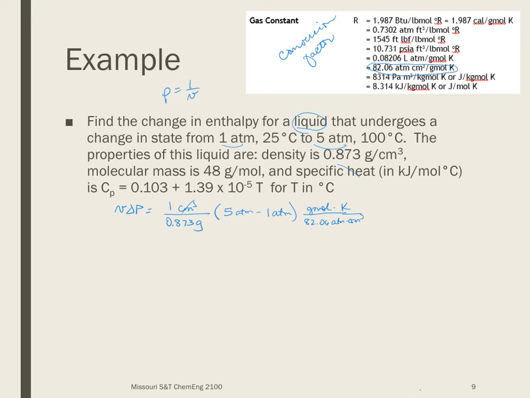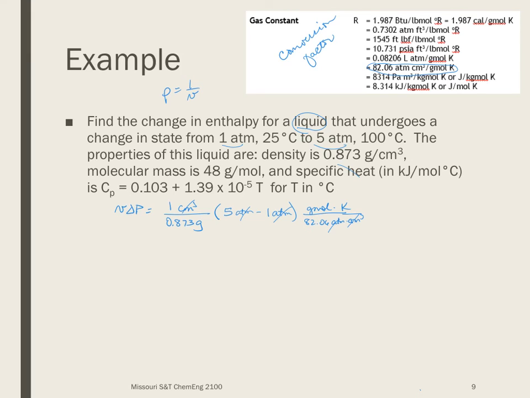Cubic centimeters, my atmospheres cancel. So now I have gram moles Kelvin per gram. You might look at that and say, I didn't improve the units at all. Normally we would want something like joules.